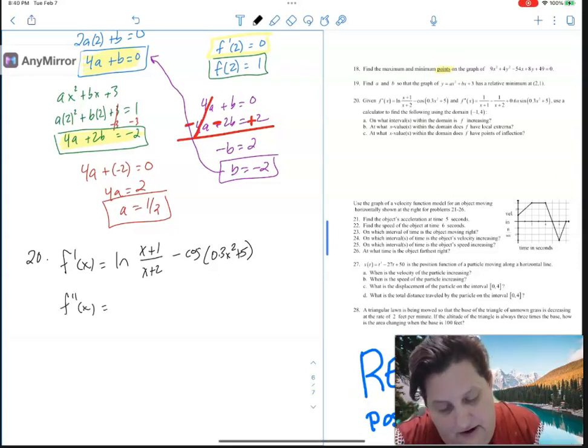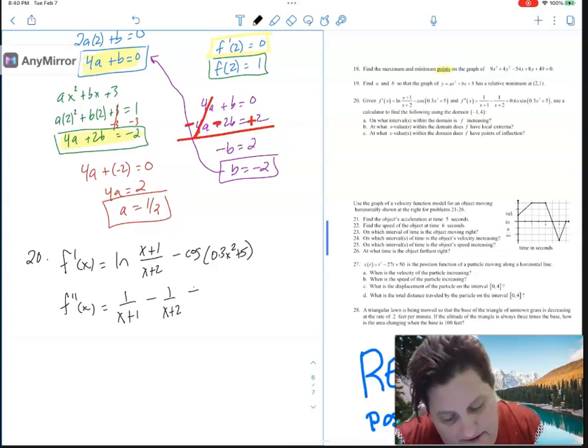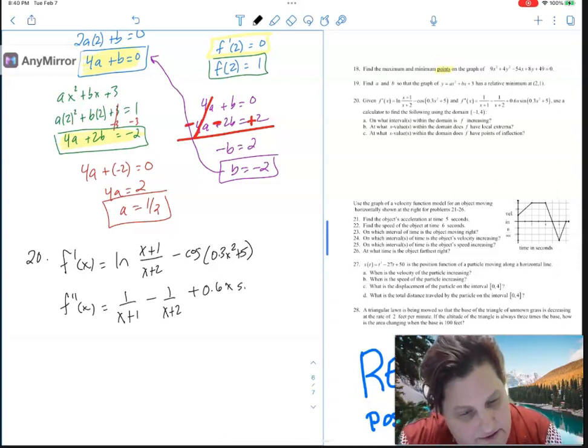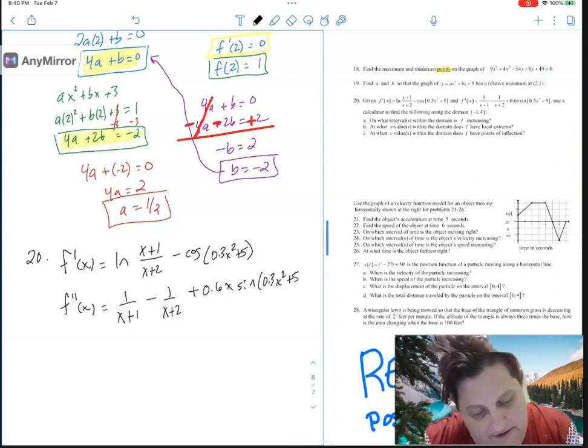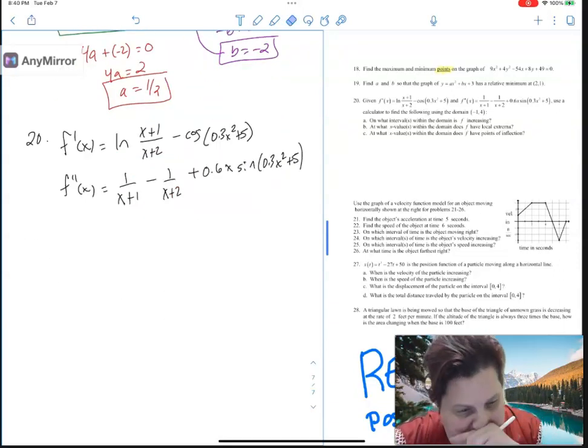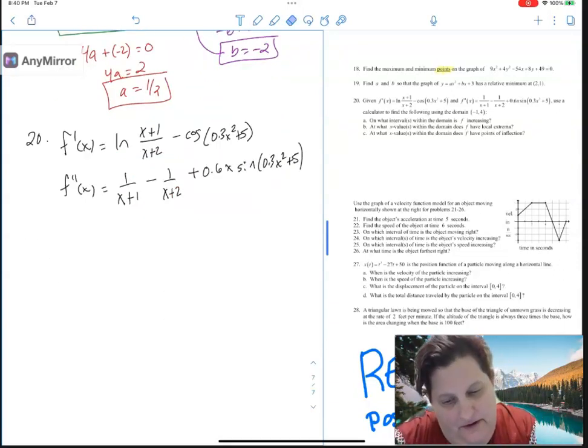See, when it's a calculator question, you guys, they make these absolutely insane. 1 over (x plus 1) minus 1 over (x plus 2) plus 0.6x sine of (0.3x squared plus 5). Use a calculator to find the following in the domain negative 1 to 4. So we're only looking between negative 1 and 4.